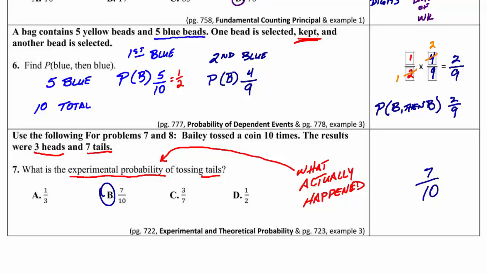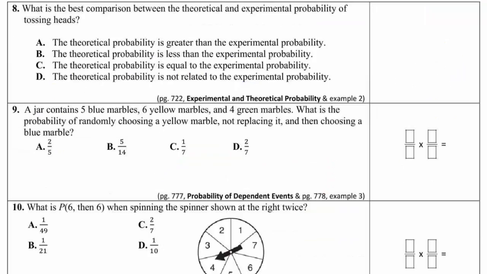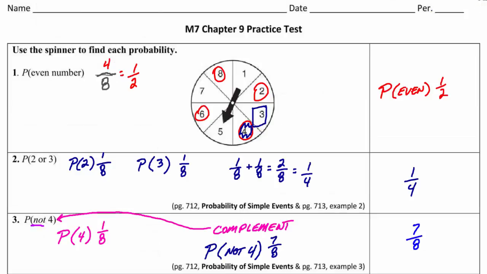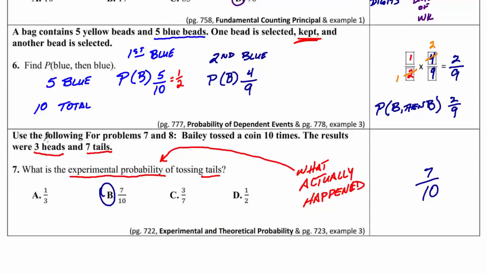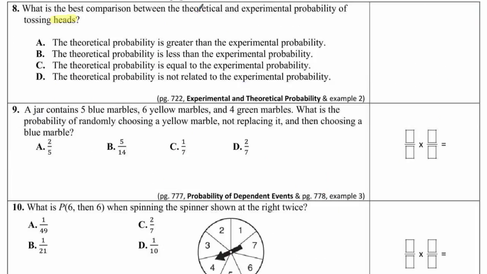Number 8 also works with this information, so let's keep this in mind. In number 8, we're asked, what's the best comparison between the theoretical and experimental probability of tossing heads? So this time we're tossing heads, not tails. If we look back at the information on the previous problem, for heads this time, we got heads 3 out of 10 times. So theoretically, we would expect to get heads 5 out of 10 times.